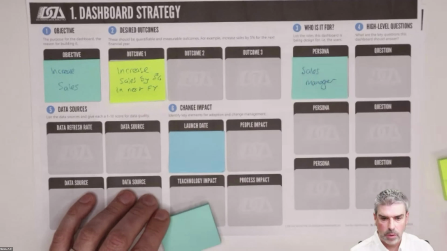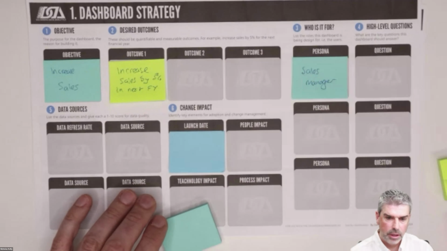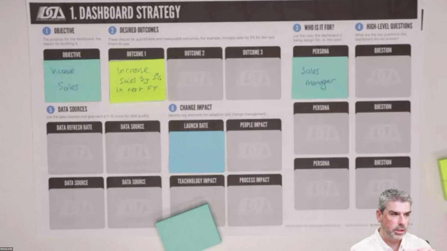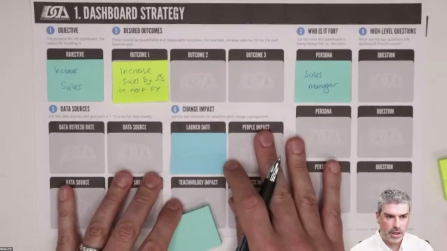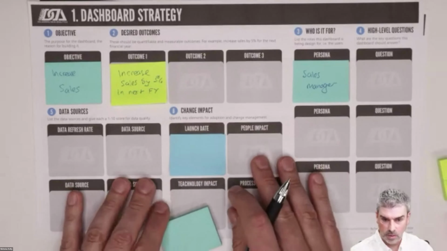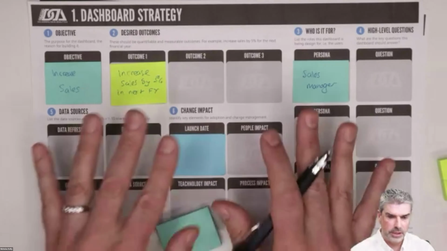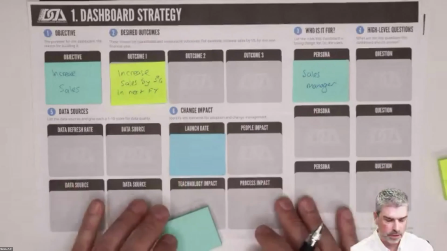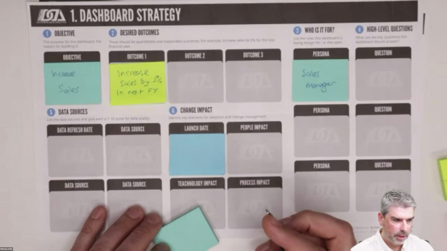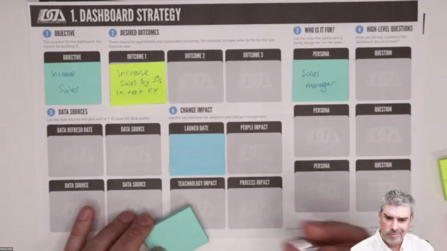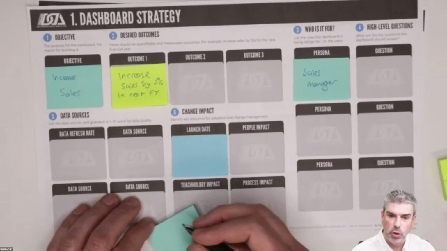What are the high level questions they need to answer? This isn't going down into the weeds. We need to just keep this very high level. Bearing in mind, we're having this conversation right now with the stakeholders. So this is something that we complete with the stakeholders. So a question would be, let's say, super high level, right?